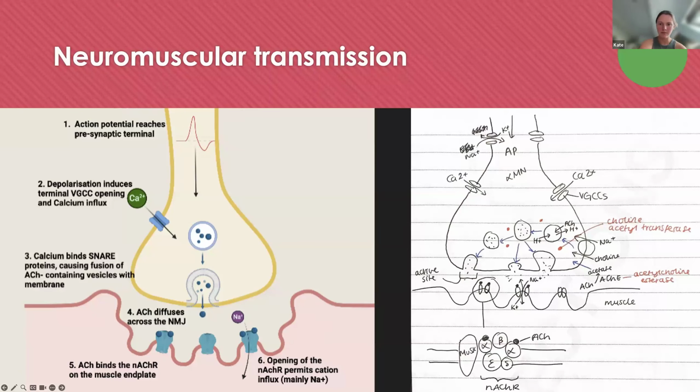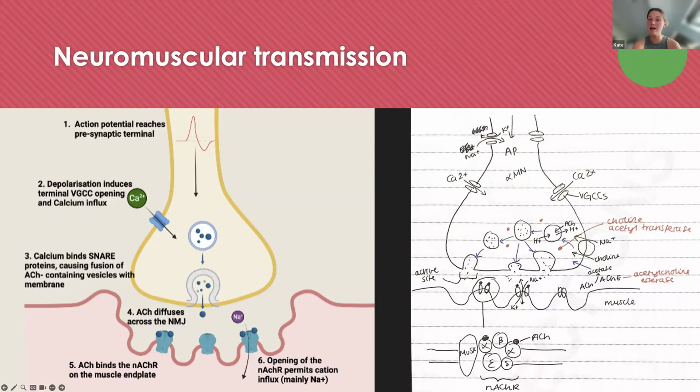Two acetylcholine molecules bind to the alpha subunits on the nicotinic acetylcholine receptor, and it causes a conformational change where it opens a non-selective cation channel, which allows both sodium and potassium. Allows sodium in and potassium out, which causes depolarization of the muscle sarcolemma. And you can see in the diagram on the right here, these receptors are bound by MuSK, which is muscle-specific kinase, and we'll come back to that later because it has some clinical relevance.